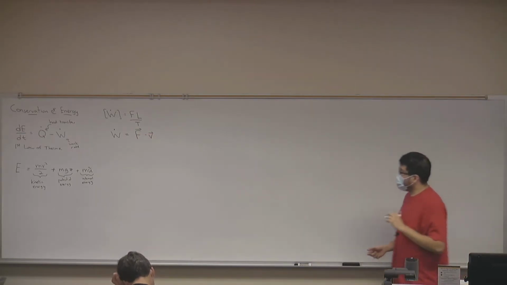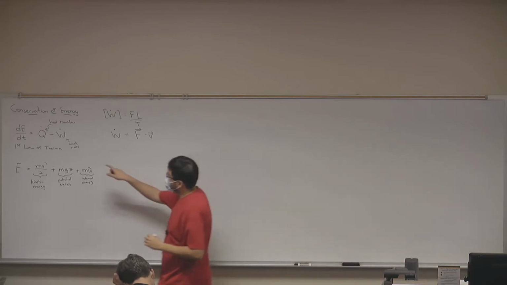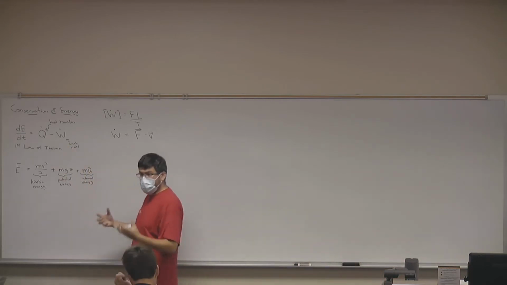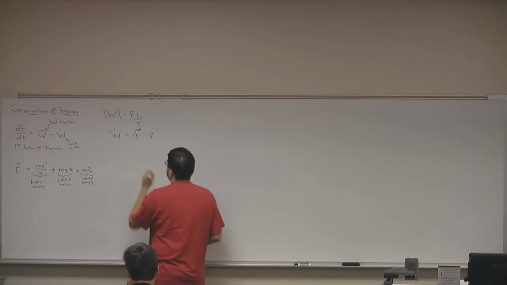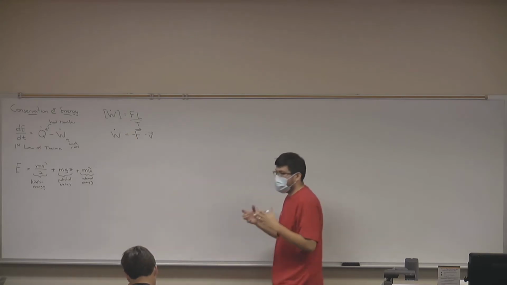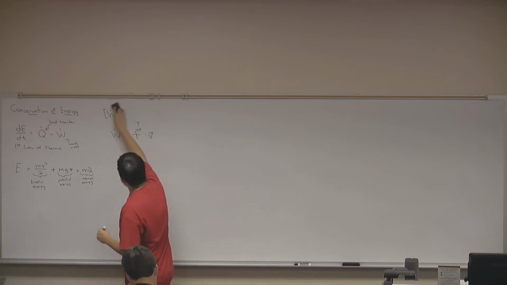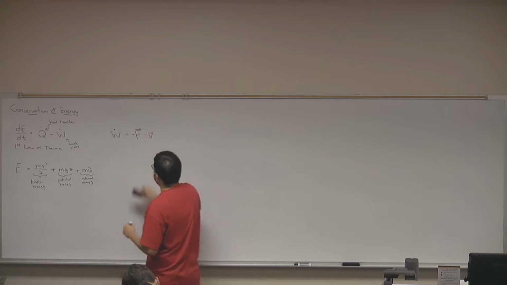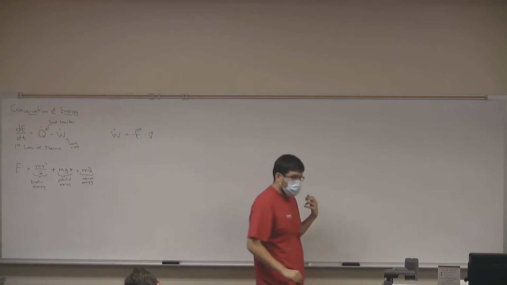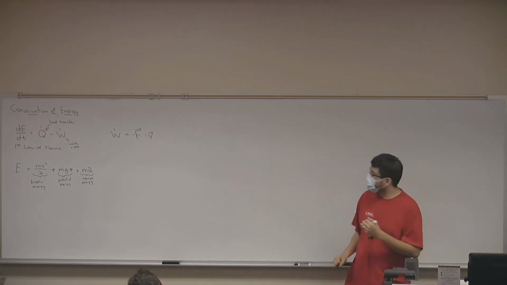Now remember, from my sign convention, I'm actually using negative if work is being done on the system. So I'm just going to write down negative if my force is being applied into my system. Okay. Now work rate, right, work over time, is simply minus the force vector times velocity vector.